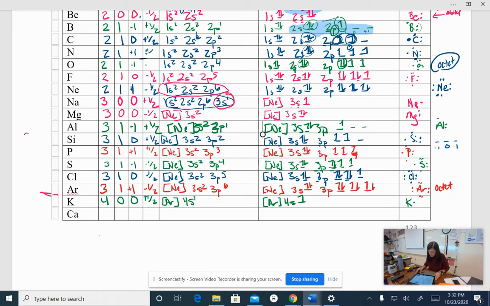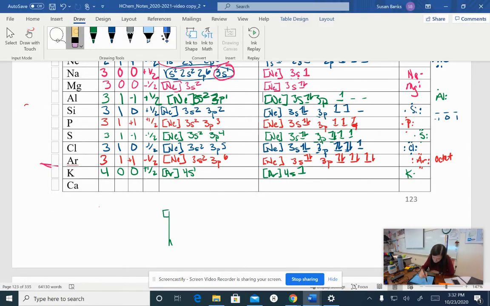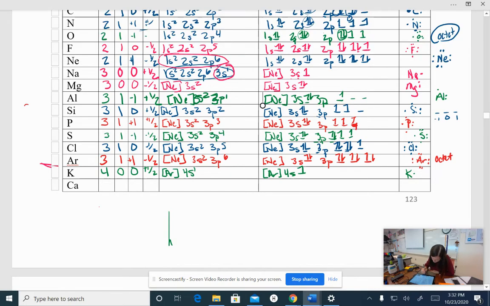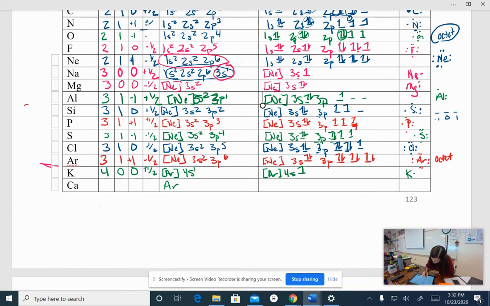Okay? Let's check. So calcium, we're going to have argon, 4s2.